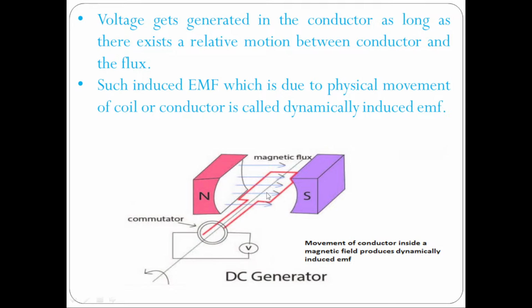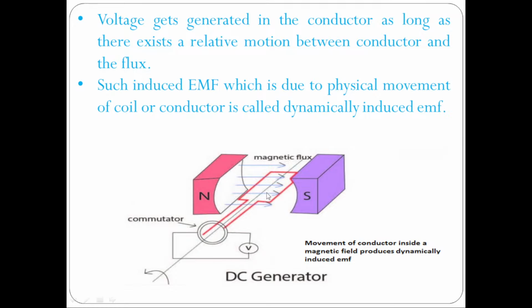You can see these are the magnetic flux lines which are traveling from north pole to south pole. If this conductor is rotated, what will happen? The flux linking with the conductor will change. Therefore, voltage will be induced across the terminals of the conductor.